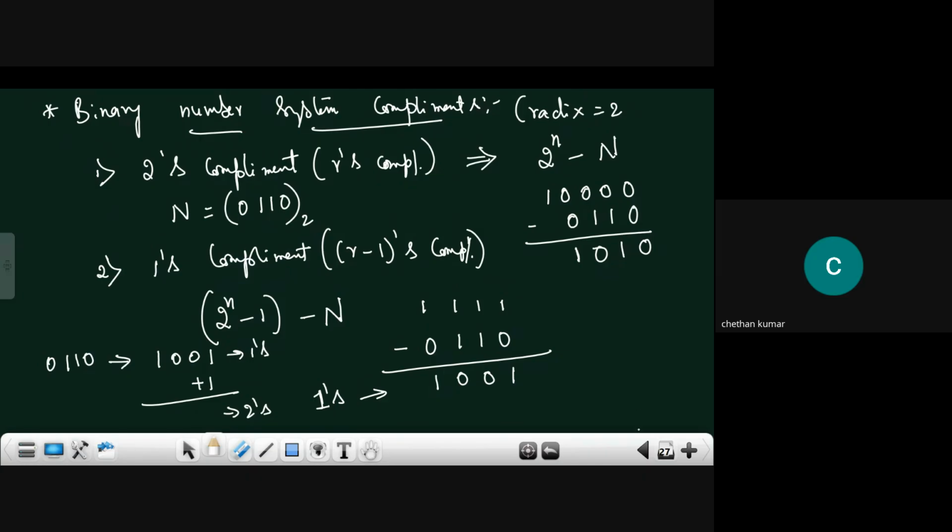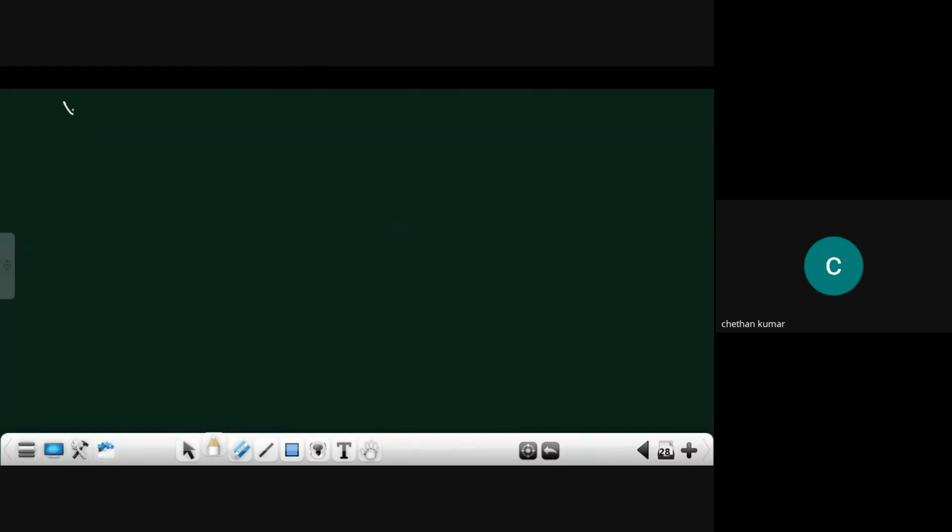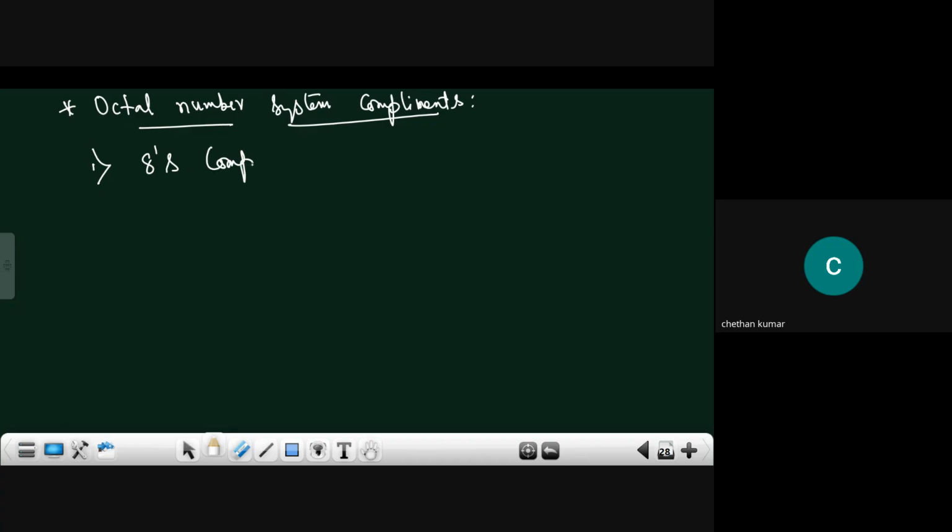Let us represent the octal number system complements. What are the octal number complements? You can write 8's complement, which is the R's complement, where R means radix.